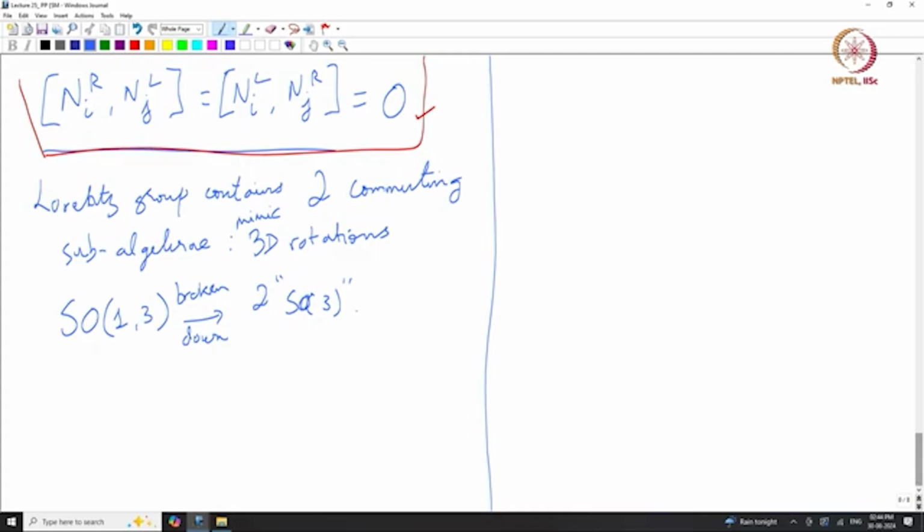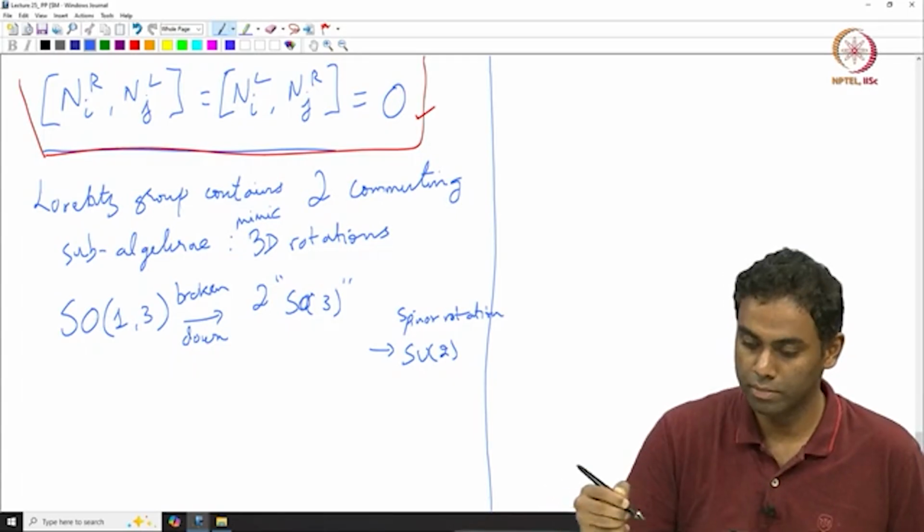And then we said that the spinor rotation transformations happen in an SU2 group that represents rotations in real space, correct?